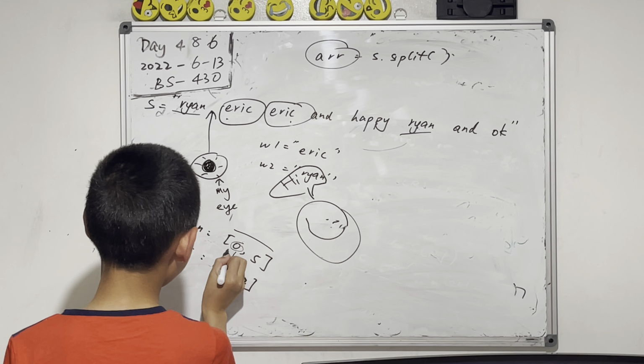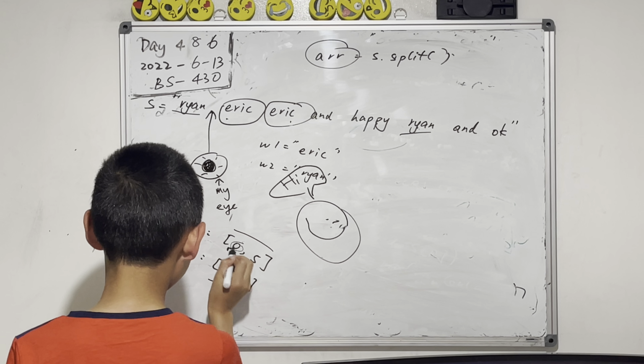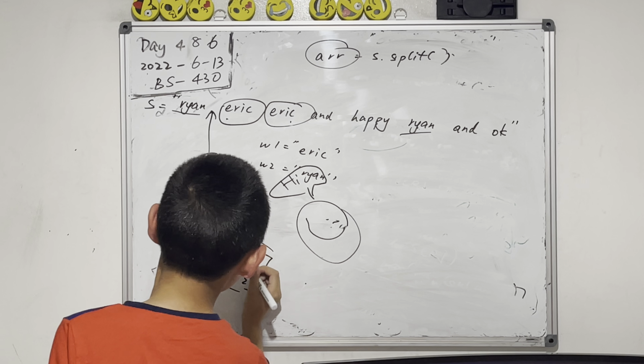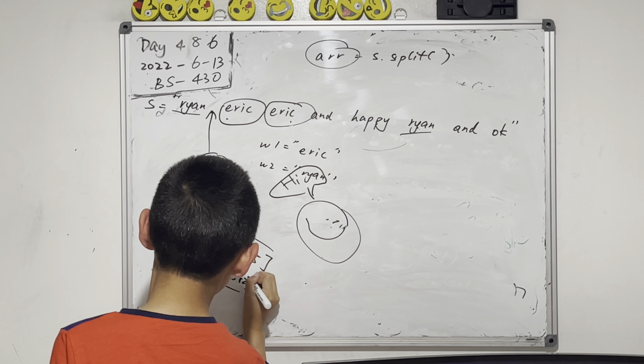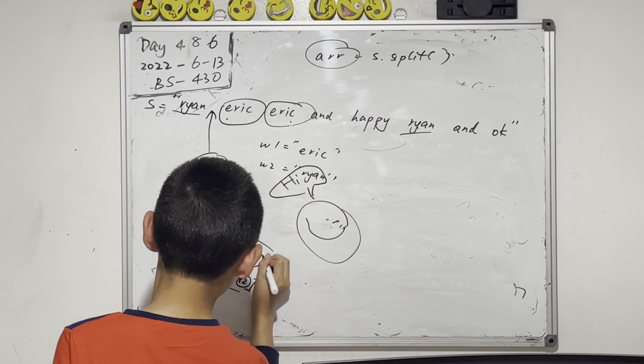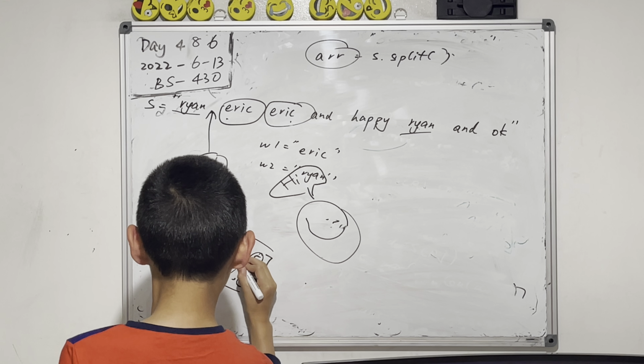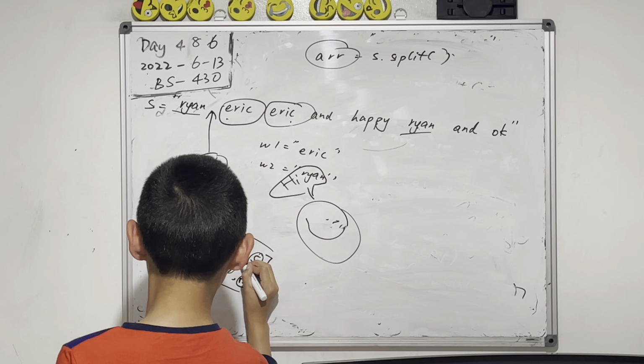This is the smallest, and this is also the smallest, and this is the biggest, and this is the biggest. The remaining difference is 3, and the smallest is 1.